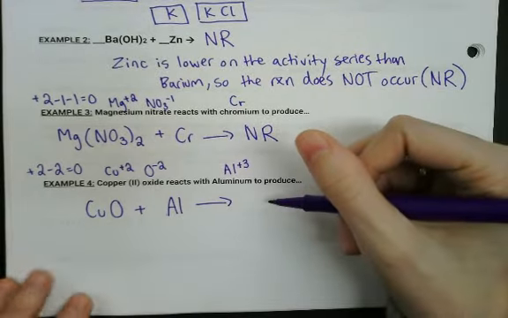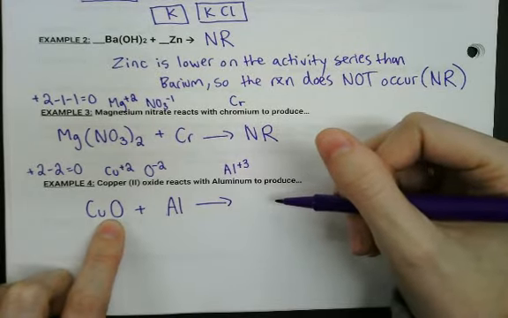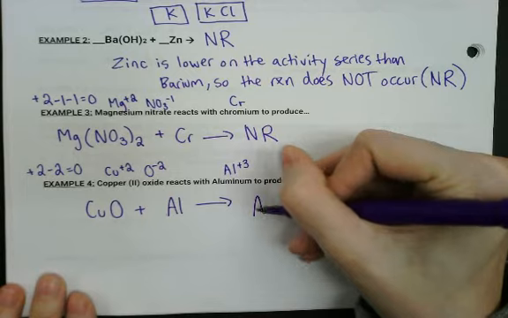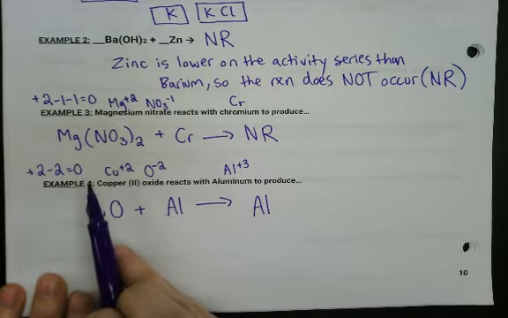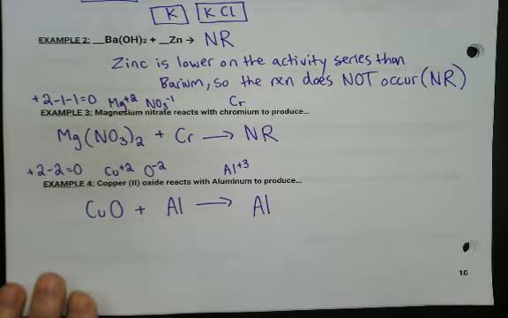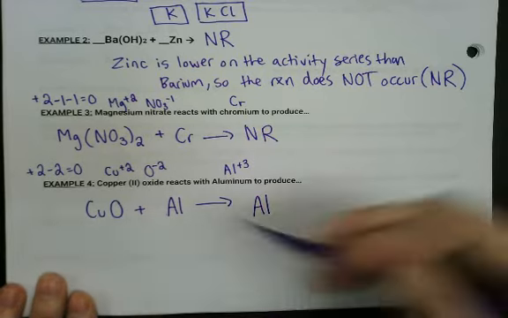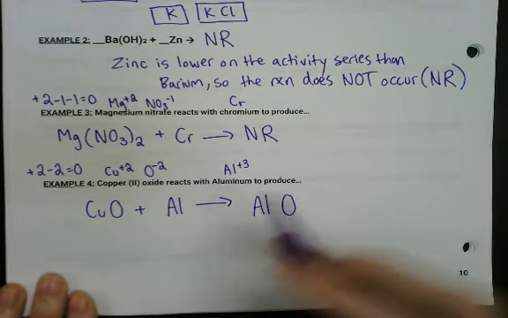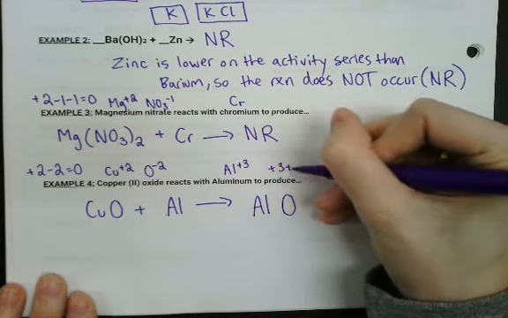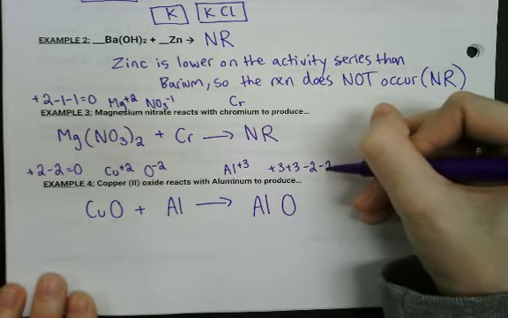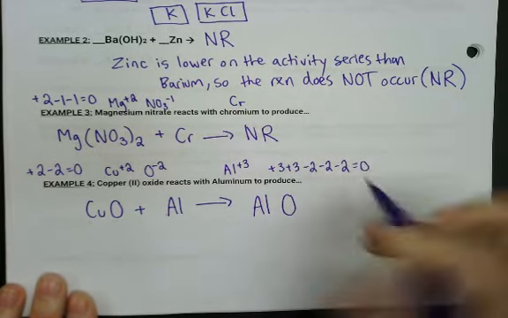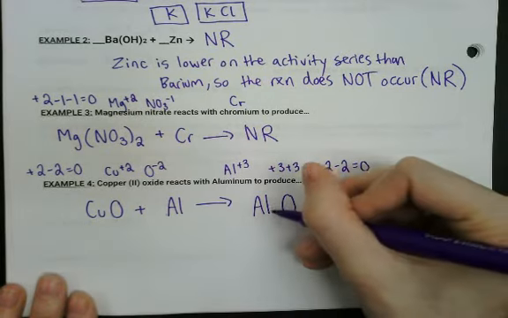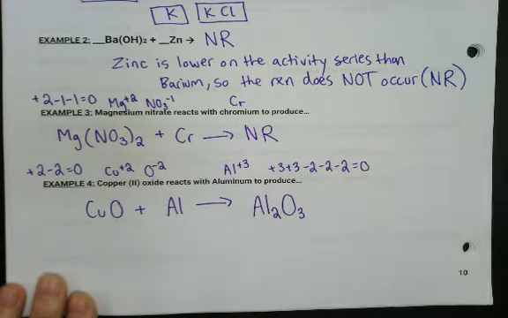But when aluminum goes to partner up with oxygen, we are going to consider the charges of our ions in order to write our final compound. We're going to have aluminum and oxygen. And I know that my aluminum has a +3 charge, and my oxygen has a -2 charge. So I'm going to need 2 aluminum and 3 oxygen to make a neutral compound.